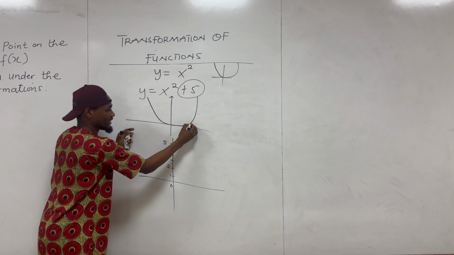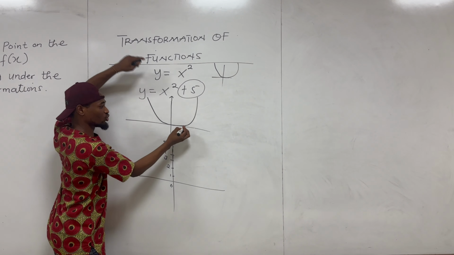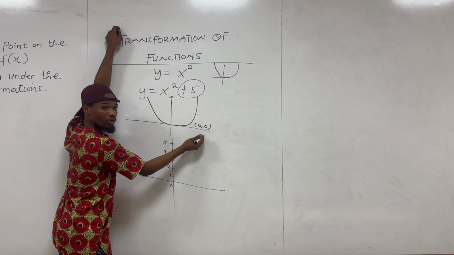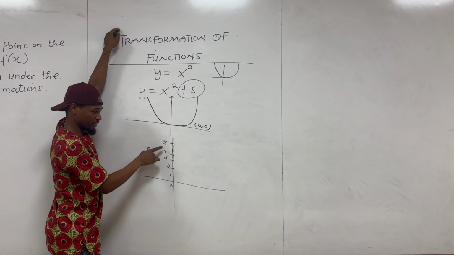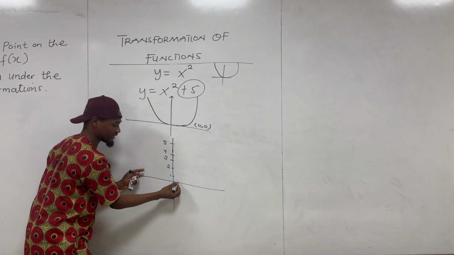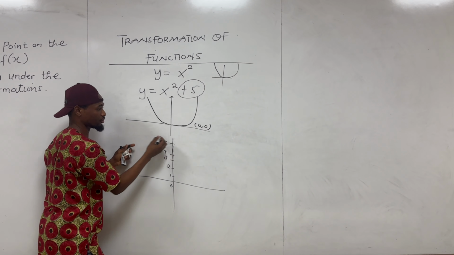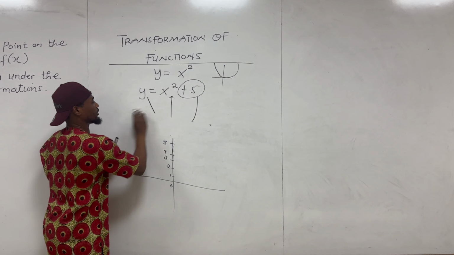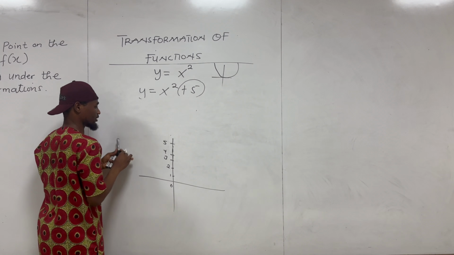So this will be shifted, moving from the origin, which is (0, 0), by a unit of 5. I will shift this from the origin up to 5. So the assumed curve becomes this.